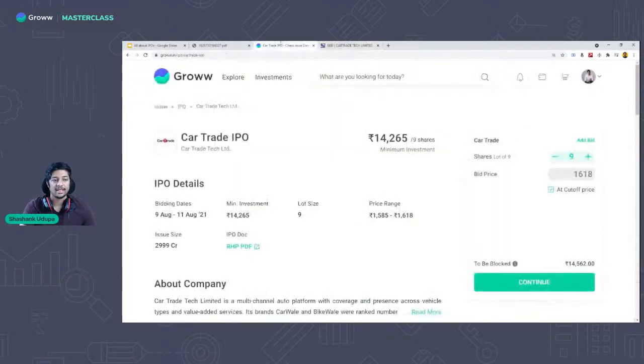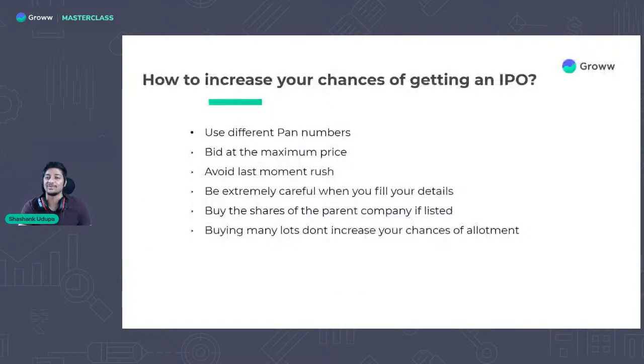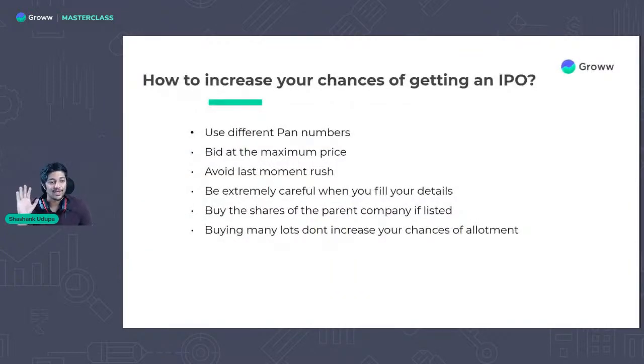Cool. Great. Now, that was with respect to IPOs, how you can apply for an IPO. Now, let's look at how to increase your chances of getting an IPO. A lot of you have this question: I'm not getting allotment at all. How can I increase my chances of getting allotment? I know for a fact that a lot of people in the industry apply for these IPOs with different PAN cards, from their father's, mother's, sister's, everyone's PAN card.